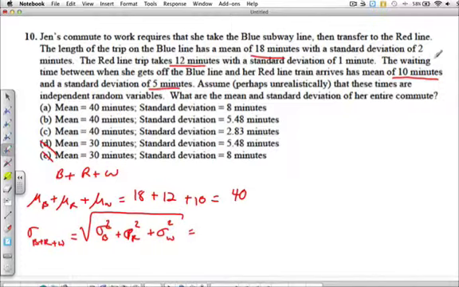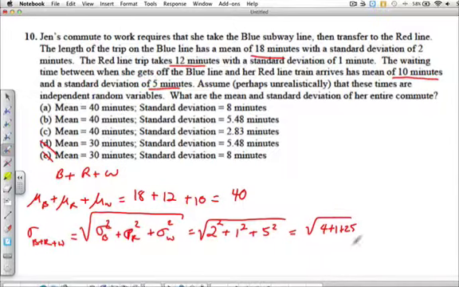So the standard deviation of blue is 2, so its variance is 2 squared. The standard deviation of red is 1, so its variance is 1 squared. And then the standard deviation of the wait time in between is 5, so the variance is 5 squared. So we're going to add that all up. We're going to get 4 plus 1 plus 25. I'm pretty sure that's the square root of 30.